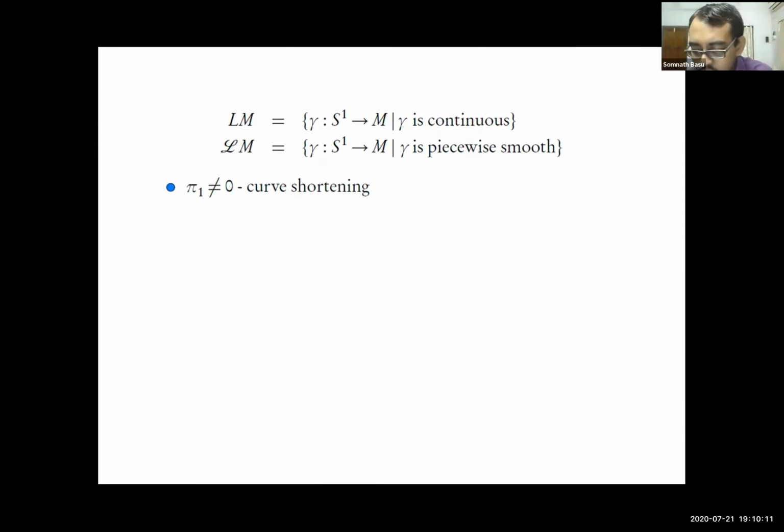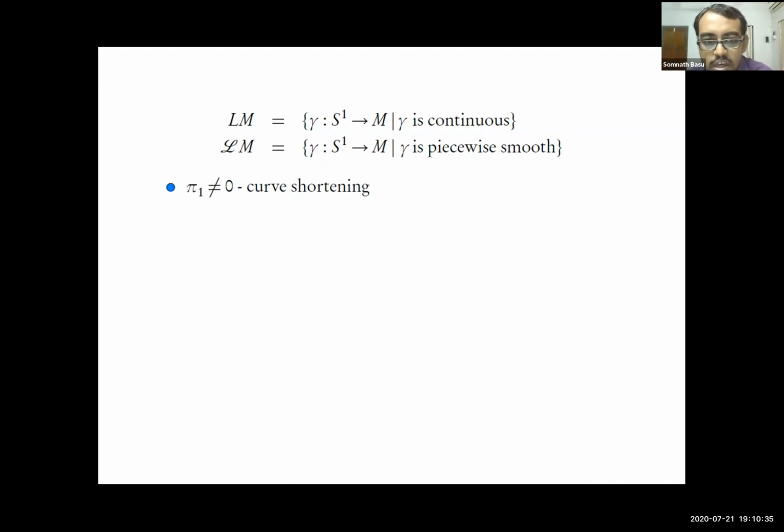If you choose a non-zero element in your fundamental group, choose a curve representing that element, and try to represent it by other curves which are homotopy equivalent but having smaller and smaller length, and if you can obtain a curve which realizes the shortest possible length, then it turns out that curve is indeed a smooth curve and actually a geodesic.